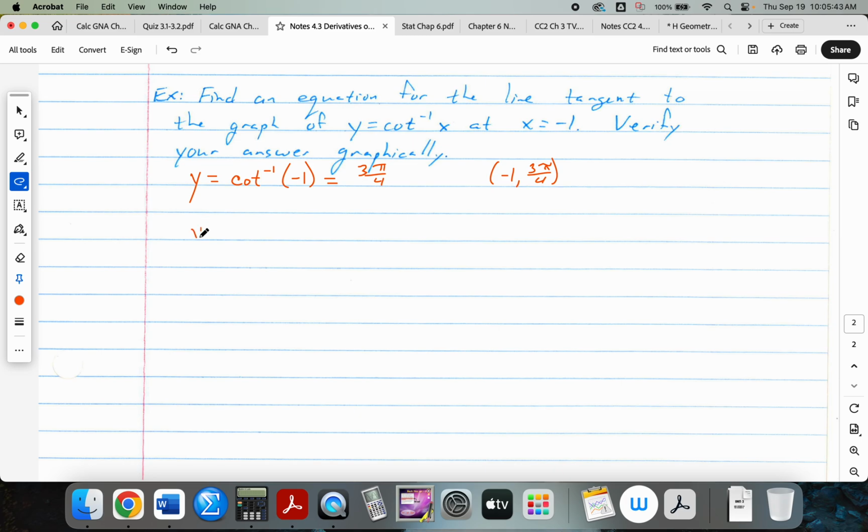Then I'll find the derivative, y prime. So the derivative of cotangent inverse, it's a cofunction, so it's going to be -1 over, and it'll be still 1 plus x squared. So this means that the slope will be equal to -1 over 1 plus 1 squared, which is -1/2.